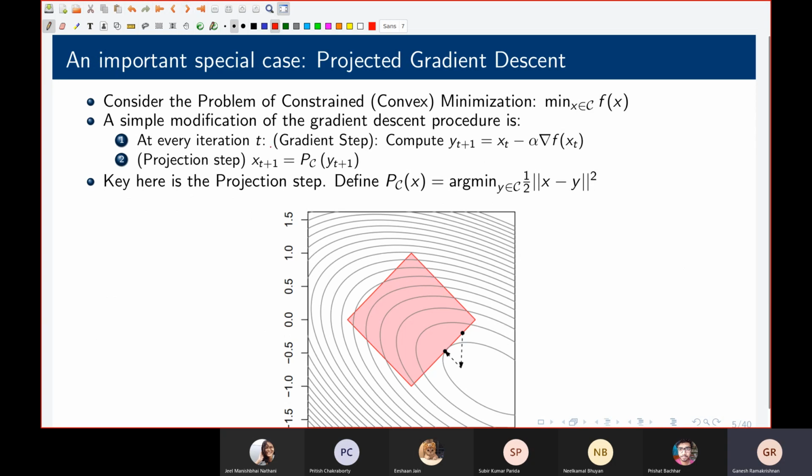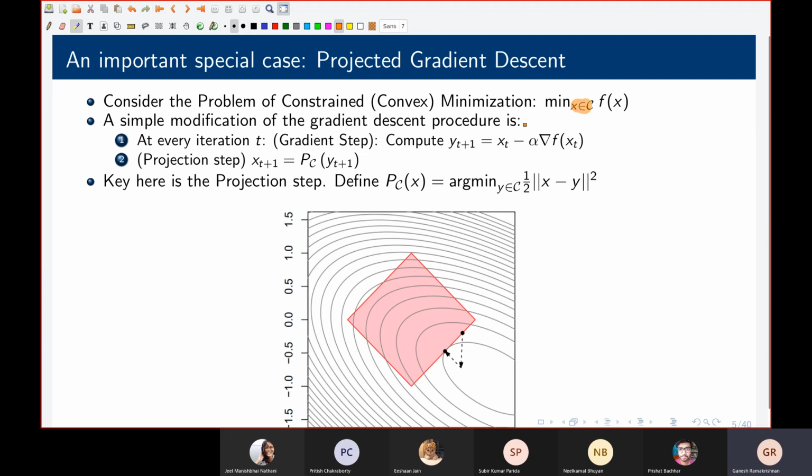Now I give this as kind of food for thought. If you have a constraint optimization problem, f x to be minimized such that x is in C, a simple modification to the gradient descent procedure would have been to just do the following at every iterate.